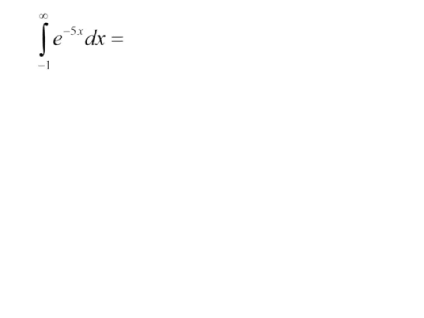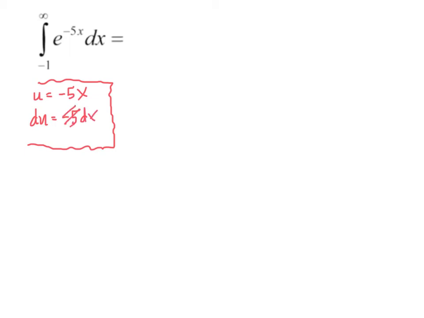We're going from negative 1 to infinity of e to the negative 5x. Let me first just think about our substitution. That u would be negative 5x, so du would be negative 5 dx.